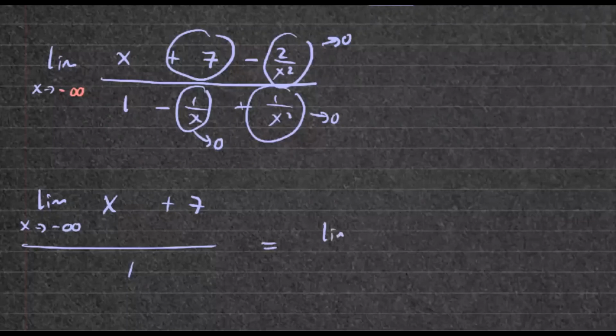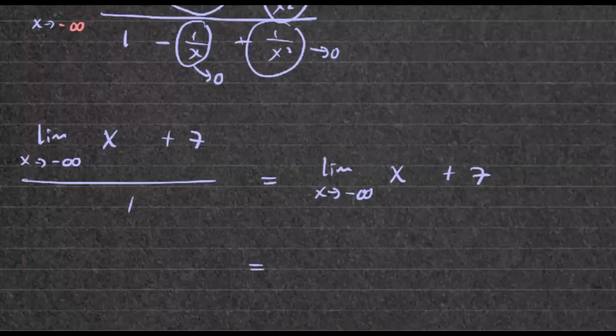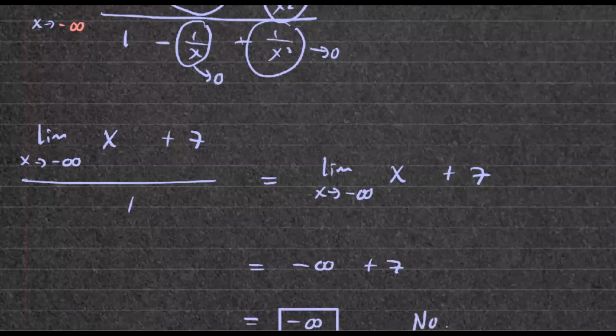This is going to give you the limit as x approaches negative infinity of x plus 7, because the limit of a constant is just that constant. Now, as I plug in negative numbers into x, this limit goes to negative infinity. Adding 7 to it wouldn't make any difference. It's still going to go to negative infinity. Therefore, this limit is negative infinity, so there's no horizontal asymptote.